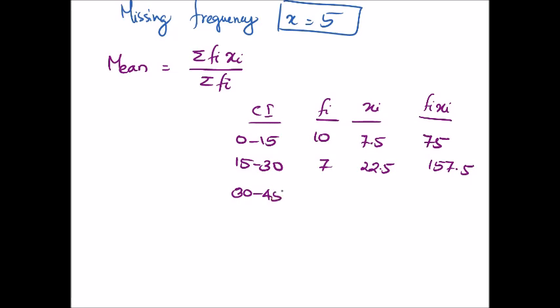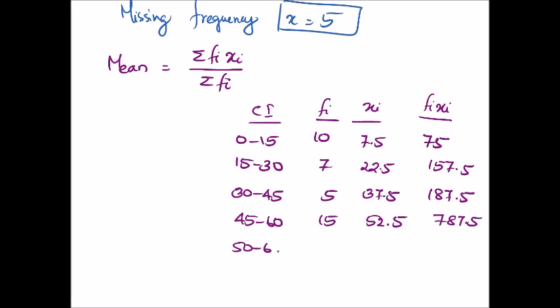30 to 45, that is 5, 37.5 and 187.5. Now 45 to 60, the frequency is 15 and xi is 52.5 and 787.5. 60 to 75, that is 10 and 67.5 and we get 675.